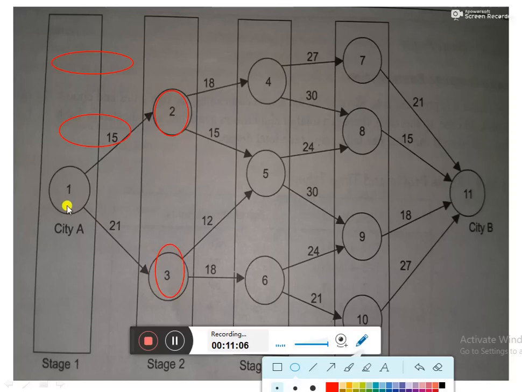So from point 1 the decision maker may choose to go to point 2 or to point 3. And from there again, from point 2 or decision node 2, the traveler may choose to go to node 4 or to node 5. So basically the states represent the options available with the decision maker at a particular stage.